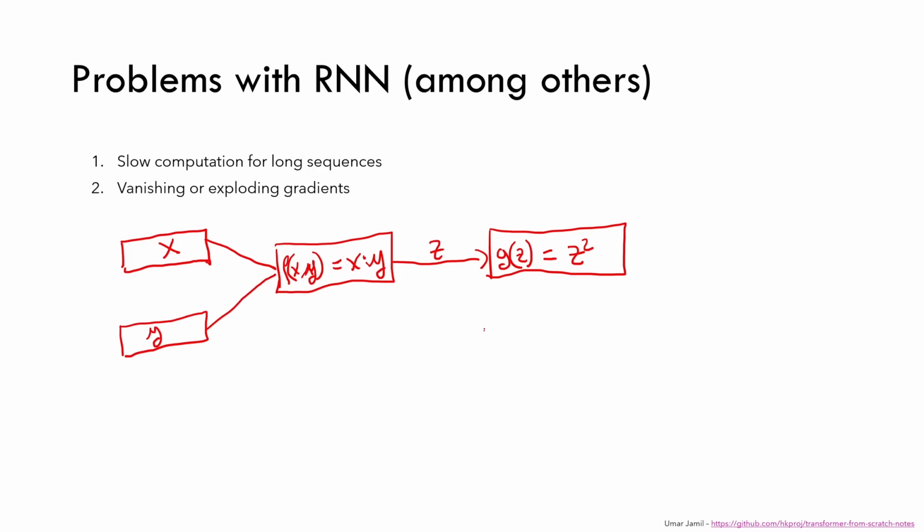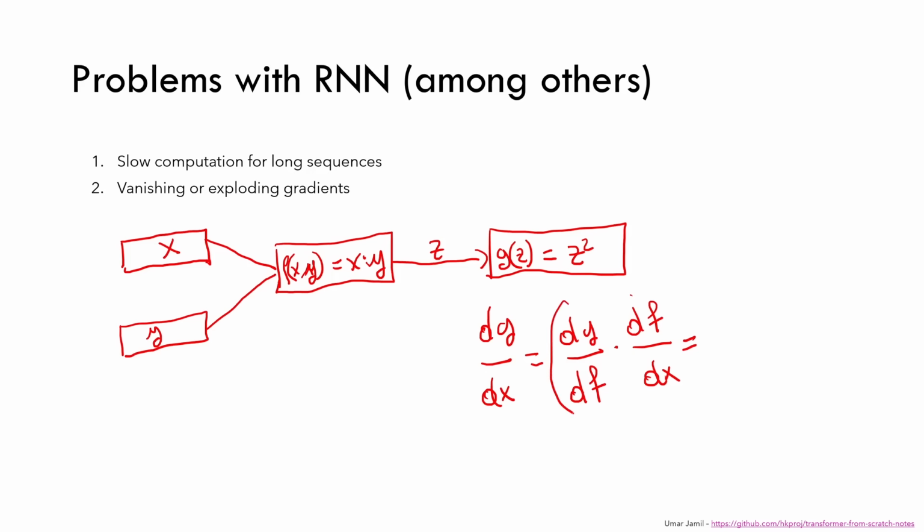So the derivative of G with respect to X is equal to the derivative of G with respect to f, multiplied by the derivative of f with respect to X. These two should kind of cancel out. This is called the chain rule. Now, as you can see, the longer the chain of computation, so if we have many nodes one after another, the longer this multiplication chain.